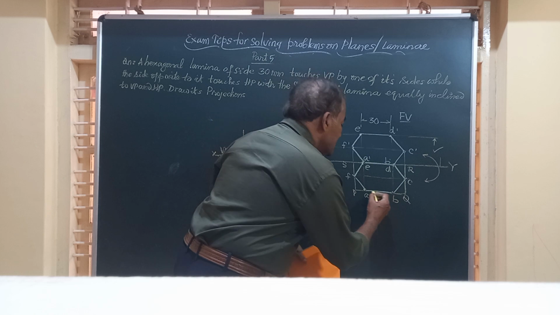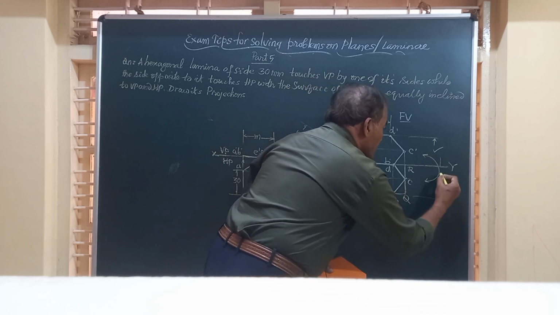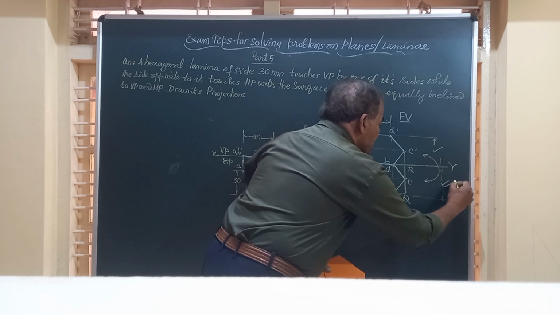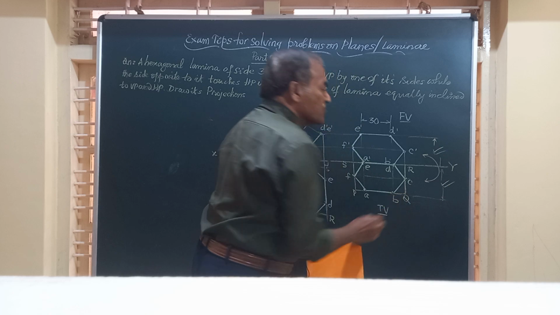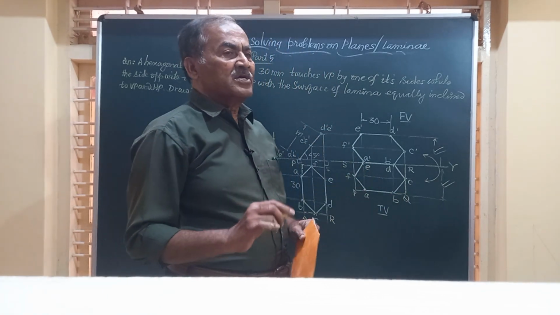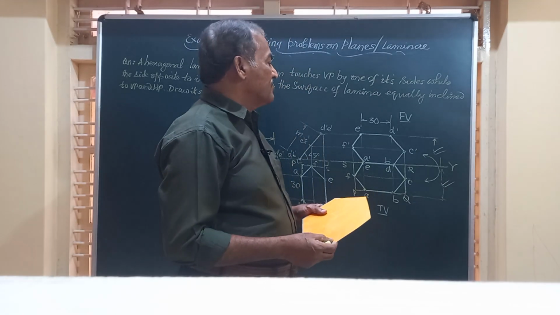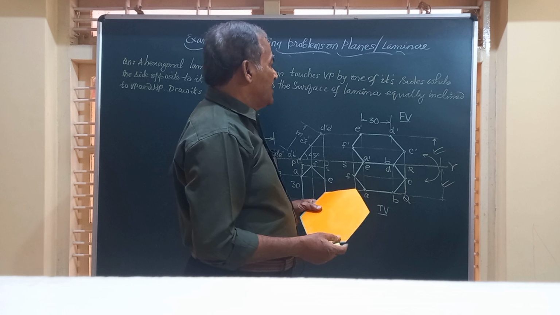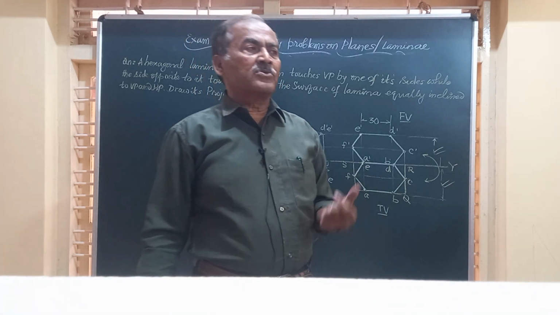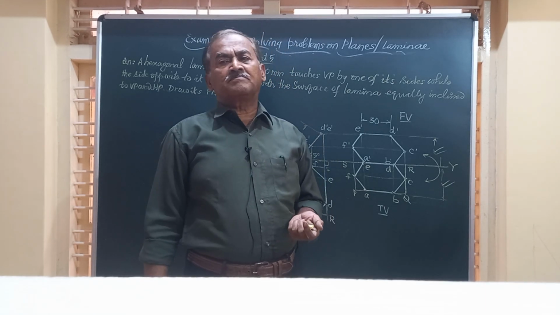And again, distance of the side AB touching HP from VP. And friends, if you measure these distances, these two will be the same in this particular problem because of the equal inclination of the surface of the lamina with HP and VP. And friends, this is how we are able to complete the projections of the given lamina.